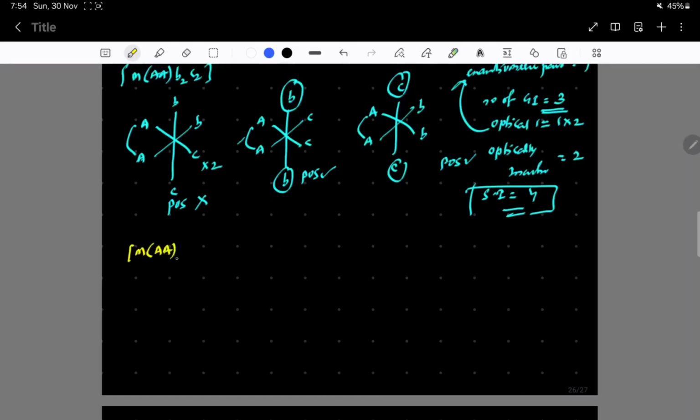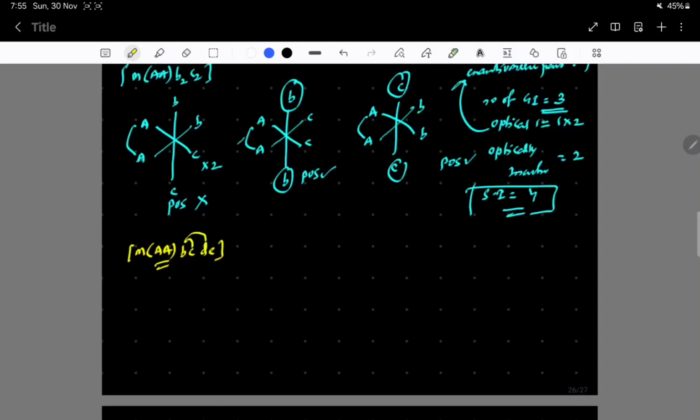MAABCDE, right? From this case, how many possibilities will we check? A combination you can write: A to A you can always keep only. Now one combination I can write is B2C, accepted or not.